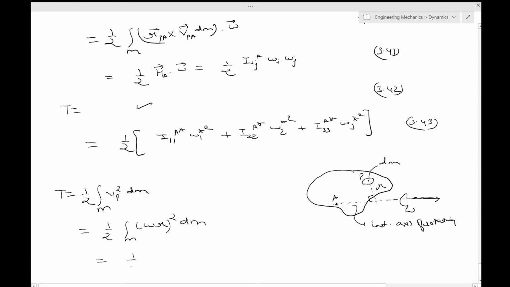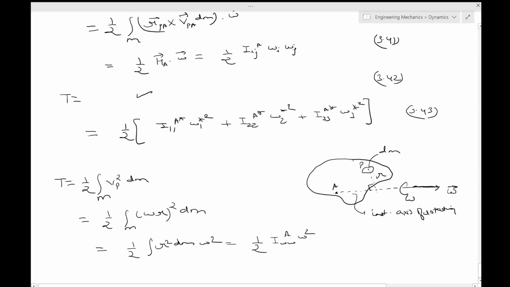And this would be half integral of r square dm omega square, half I omega square, just to indicate it's along this axis. We could have written it as omega n or whatever, but since this angular velocity is omega, we can just write it like that. Okay, so this is 3.44.